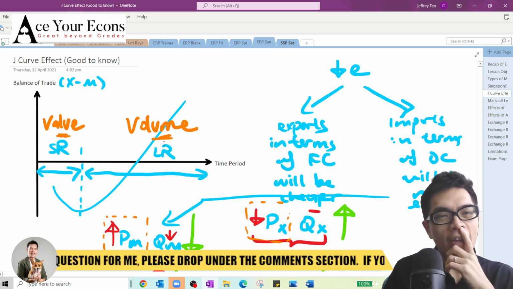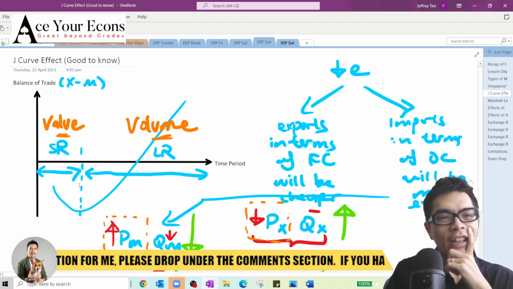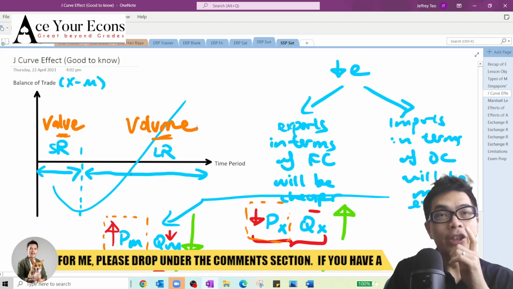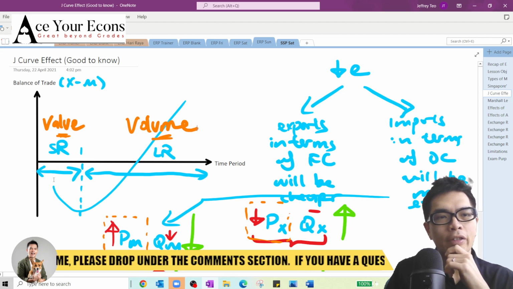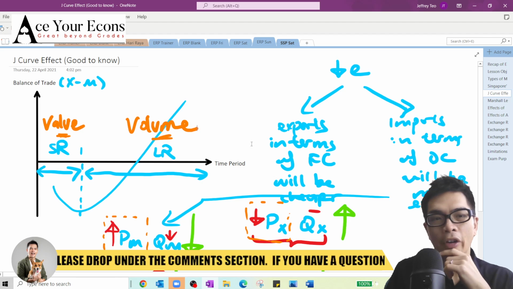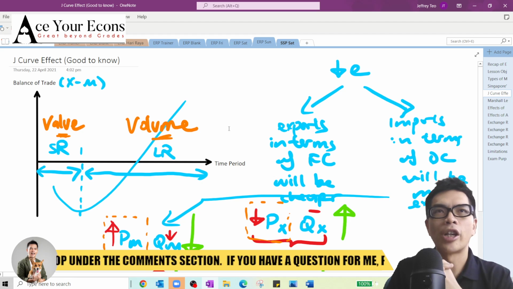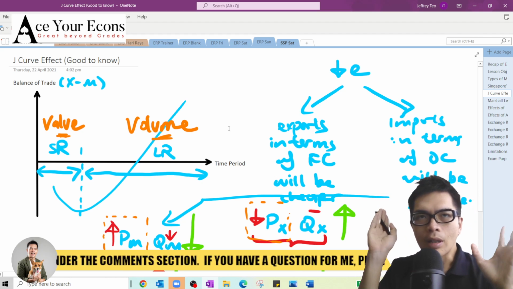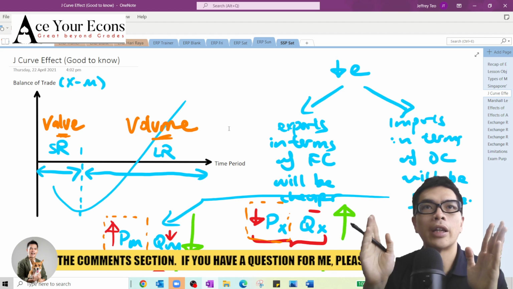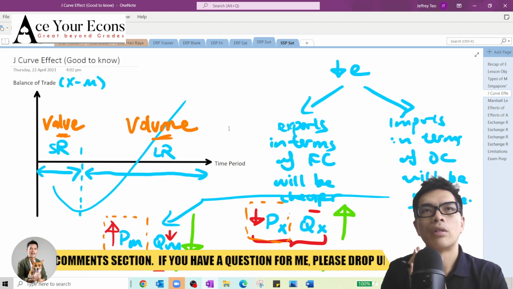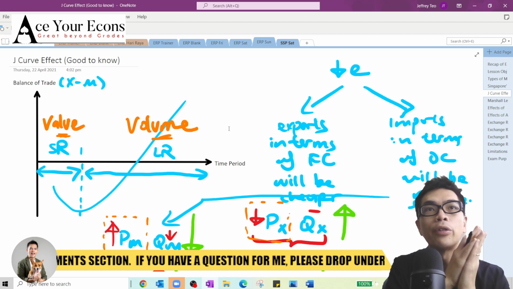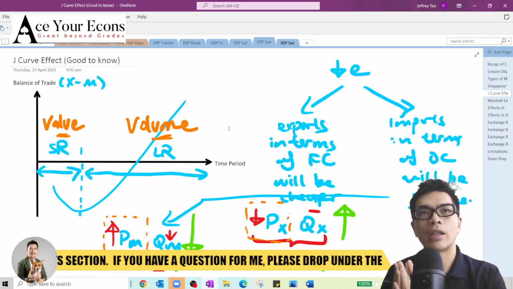The J-curve effect tells us that upon an initial depreciation, your balance of trade will worsen before it improves. Earlier on we covered that the J-curve effect is satisfied using the Marshall-Lerner condition. Why? Because of the value and the volume effect that I covered earlier on.